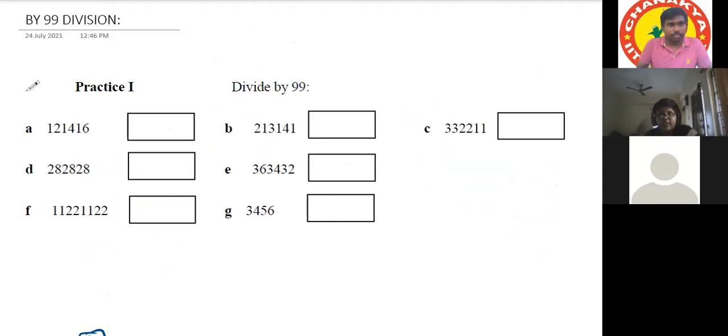Abhinav takes E. Shreyasi, F. Vishnu. Lalit, C. Navya, G. Krishnaditya, B. A is remaining.